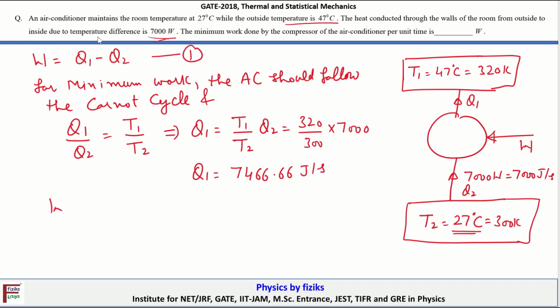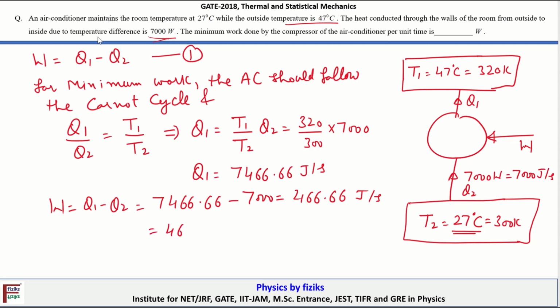Therefore W is given by Q1 minus Q2, that is 7466.66 minus 7000, which is equal to 466.66 joule per second, or 466.67. You can approximate, because after continuing the division we will obtain another factor of 6 here. So this is the answer.